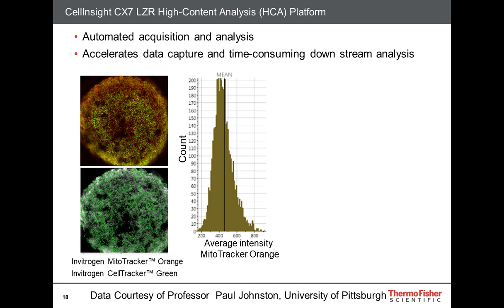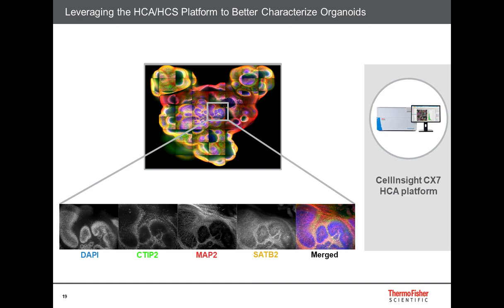So a cell-by-cell quantitative analysis extracted from a single image. In addition to the quantitative analysis, we can perform stitching on this instrument as well. So if we have a larger structure to image, we can take a large number of different images, in this case with 4 different colors, and merge not only the 4 different colors together, but merge all of the single images together to provide a very large and high resolution image of this large structure that we want to image.